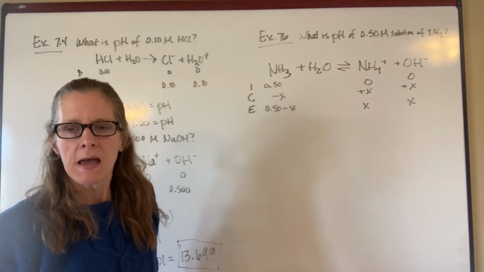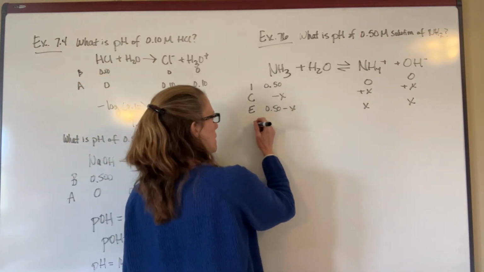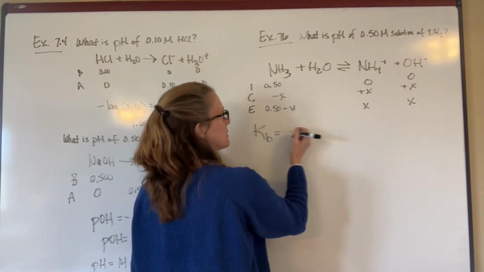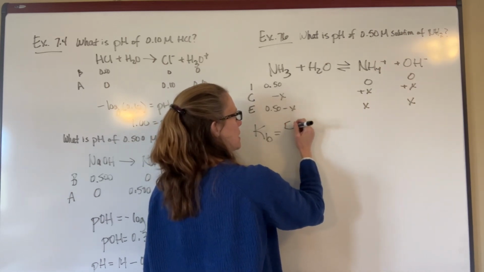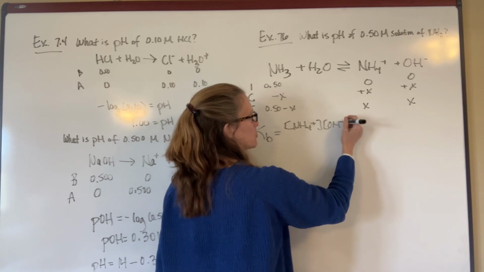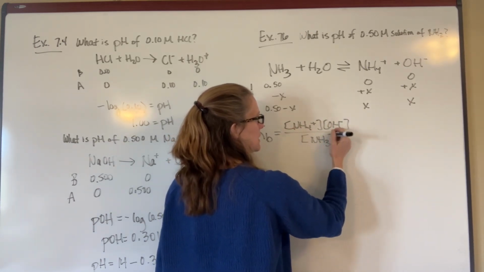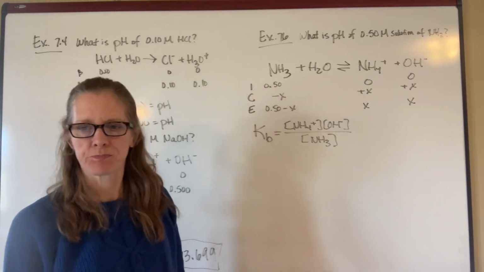All right. Now I need to set up the Kb expression. So Kb from my balanced equation is NH4 plus times OH minus over NH3. Okay.